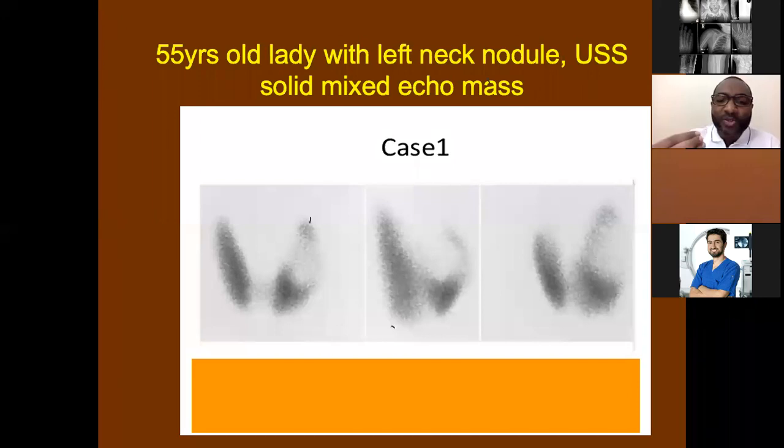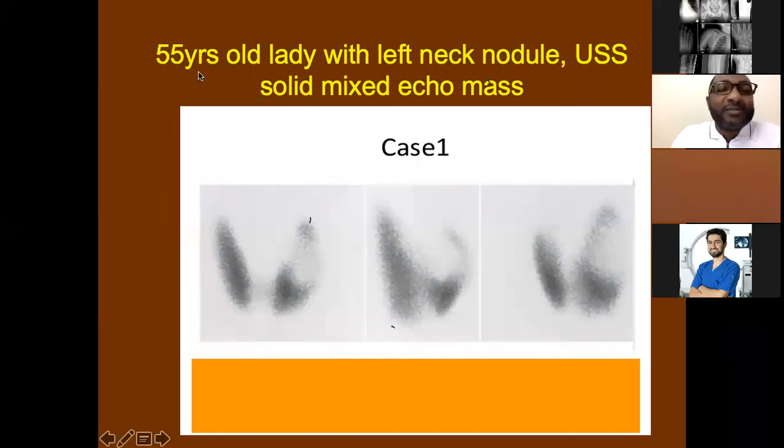I want you to identify the study, make an effort to describe what you see, and come up with a diagnosis. And if you come up with a diagnosis, what recommendation will you give? So four important things: identify the study, describe the pathology that you see, offer a differential diagnosis, and then a recommendation if available.